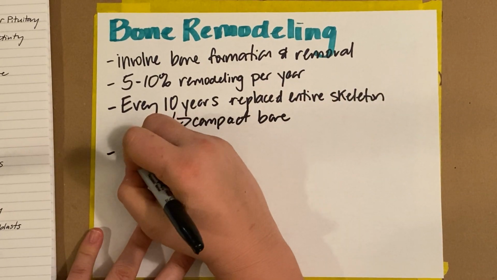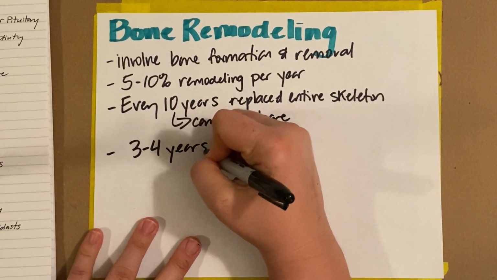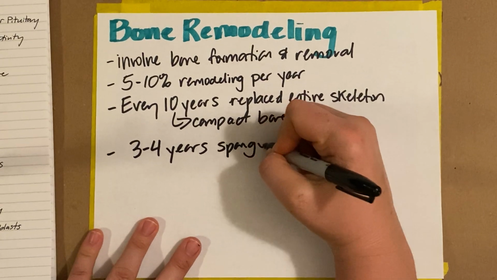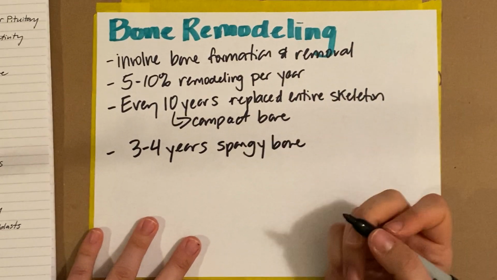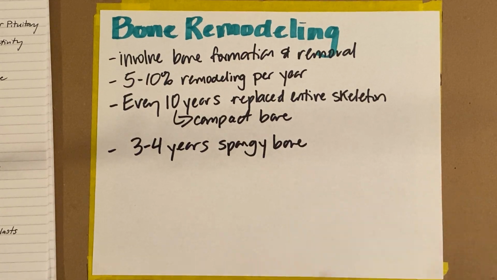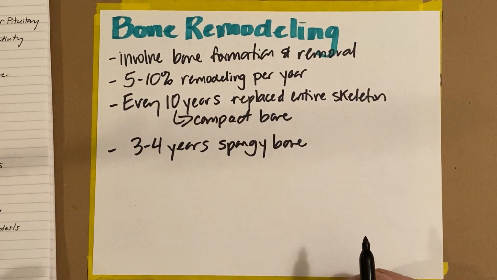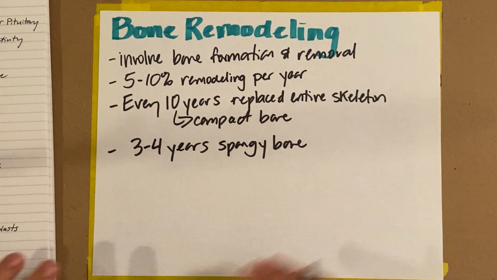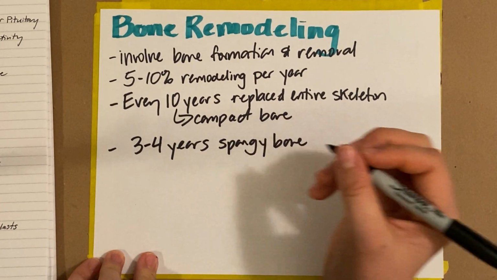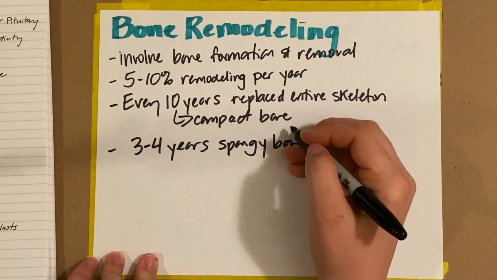The spongy bone is going to be replaced every 3 to 4 years.